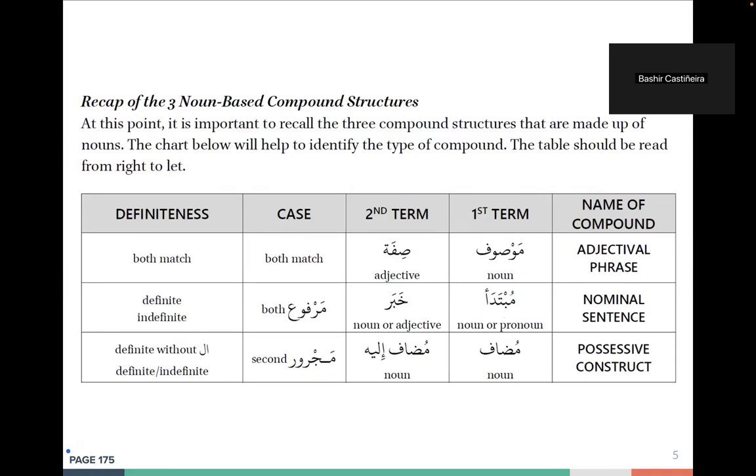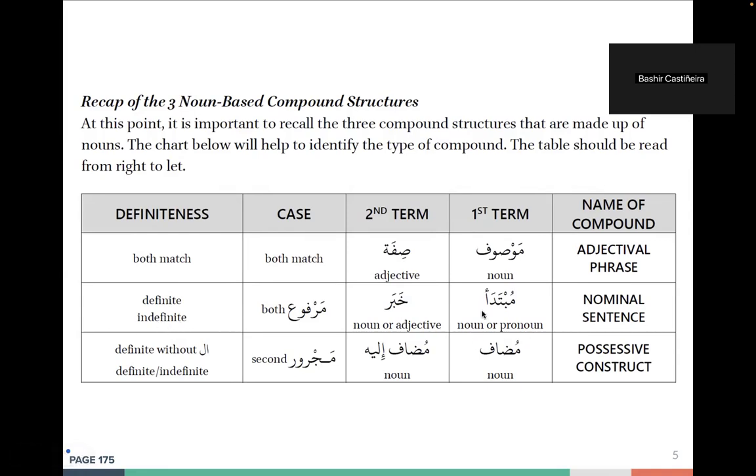The second one is indefinite. So using the same example of رجل كريم, how would we say this? الرجل كريم. الرجل, the مبتدأ, is definite because it has alif lam. The man, كريم, is generous. The second one is indefinite. They're both مرفوع. But the first one is definite, the second one is indefinite.